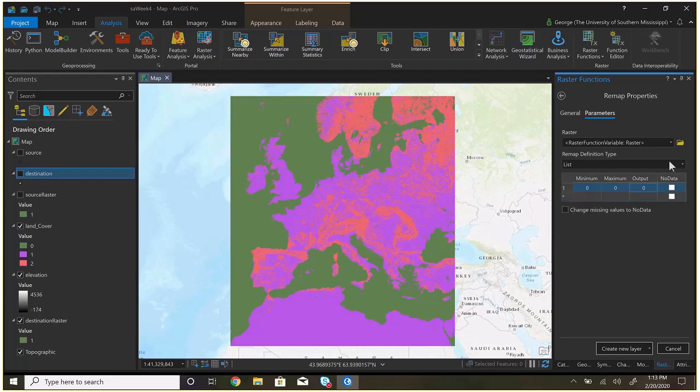Some people even said, well, I read the help on this, but I still didn't quite understand what was going on. So what we're doing here is we're taking the land cover raster, and we're saying that all values between the minimum and the maximum value will get this value. So when we say all values between 0 and 0, that's just the values of 0, are going to get 2. And then all values between 1 and 1 are going to get 5.